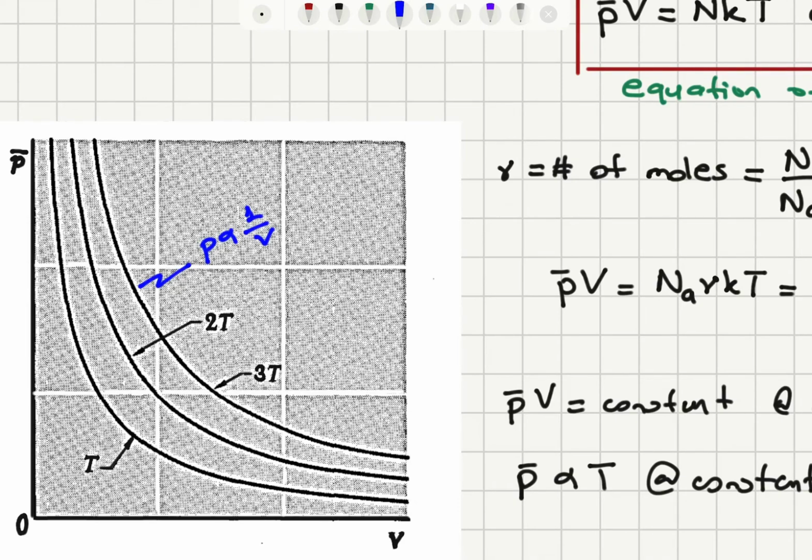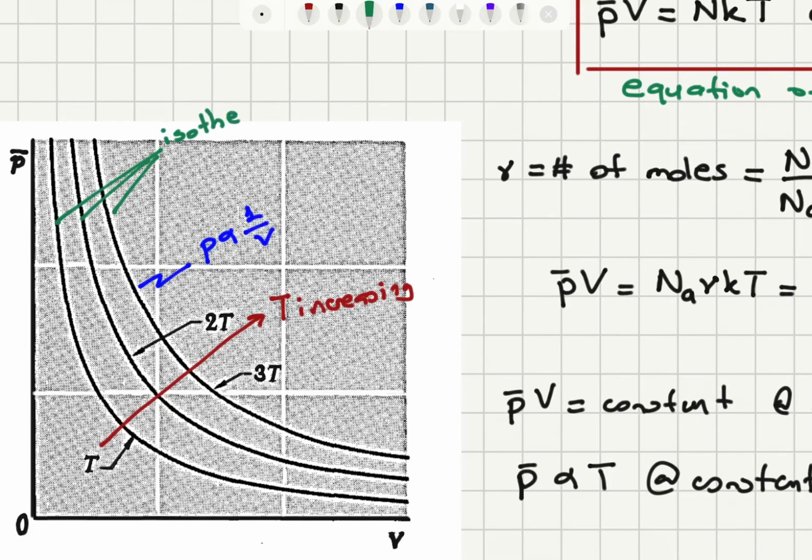On the other hand, if you increase the temperature, you see that these curves would shift up. So this is in the direction of temperature increase. And each of these curves, where you see P is proportional to 1 over V, are basically called isotherms.